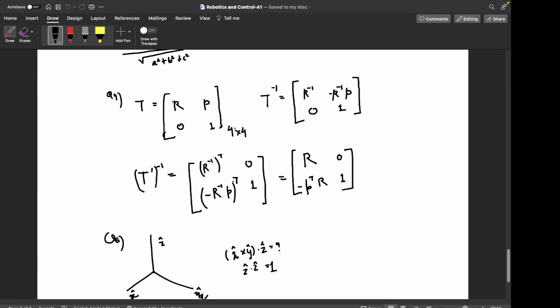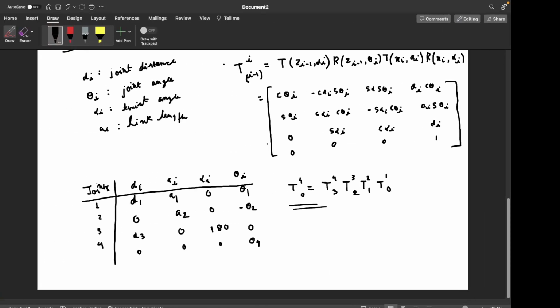So the inverse of this is: we take the inverse of the rotation part, R inverse, then multiply the inverse of the rotation matrix with the column vector and take a minus sign. This is the way you write the inverse of the transformation matrix, right?